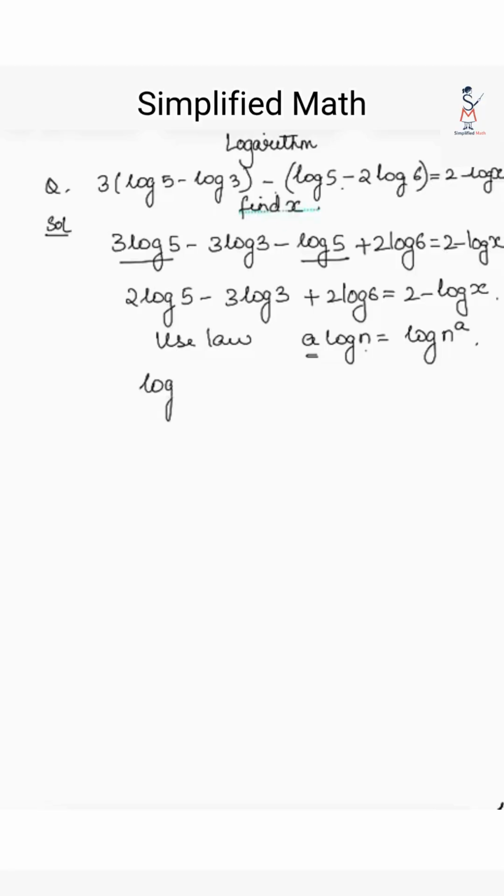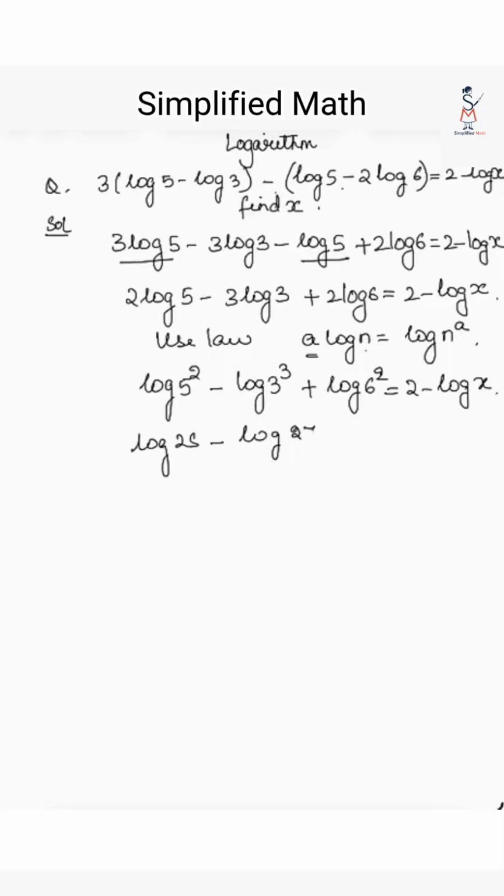So this will become log 5 raised to the power 2 minus log 3 raised to the power 3 plus log 6 raised to the power 2 is equal to 2 log x. Fine. Now this is log 25 minus log 27 plus log 36, since 6 sixes are 36, is equal to 2 log x.